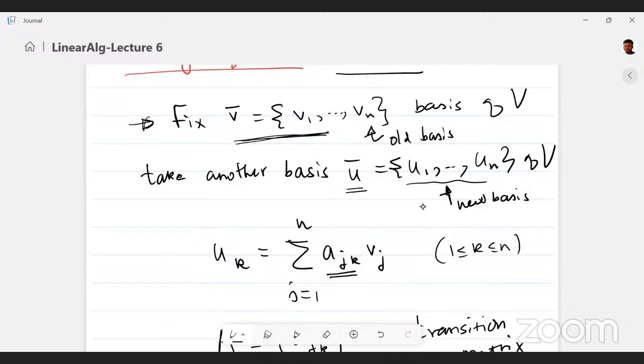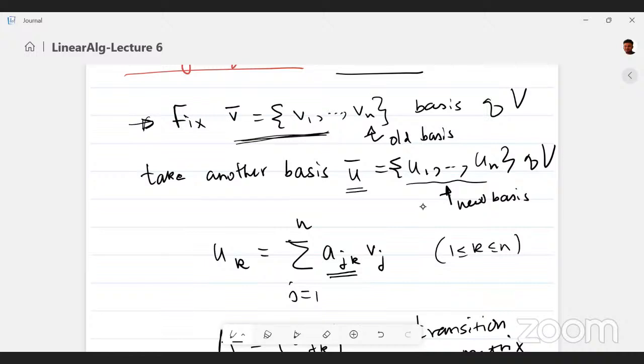So this transition matrix is invertible. Now you can ask the converse. Suppose I start with an invertible matrix P, which has entries AJK, and take UK to be equal to summation AJK VJ. Then you can ask whether these UKs will form a basis or not.